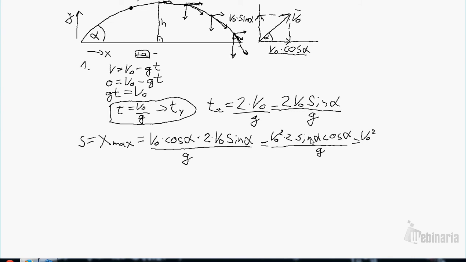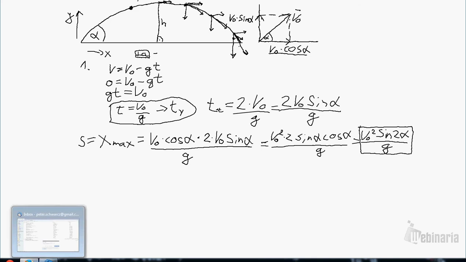Okay, we can see V0 to the second power, V0 squared times 2 sine alpha cosine alpha over G. Okay, this stays, and this is 2 times sine alpha times cosine alpha.